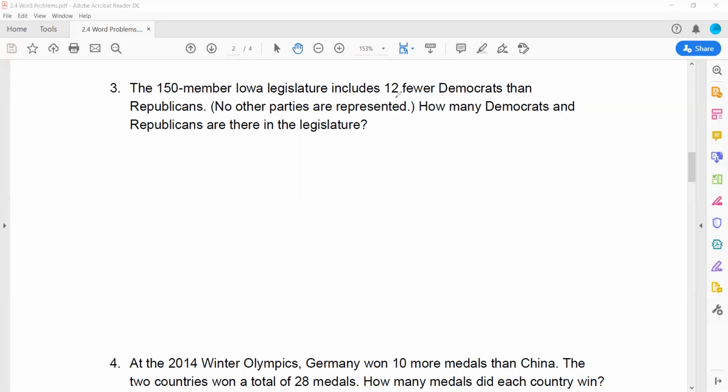So we have 12 fewer Democrats than Republicans. So let's just say we had 50 Republicans. If we had 12 fewer Democrats, then we would need to take the number of Republicans and subtract 12. So what I'm going to do is I'm going to say that R is the number of Republicans.